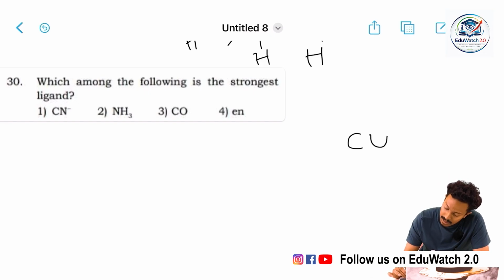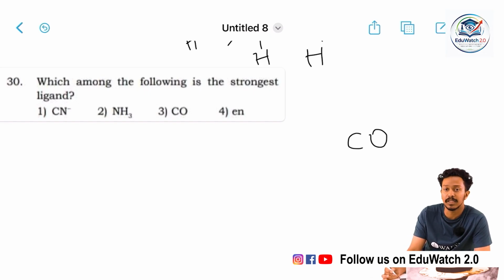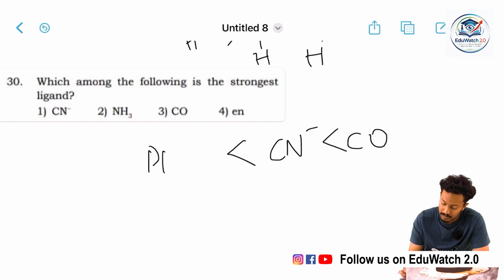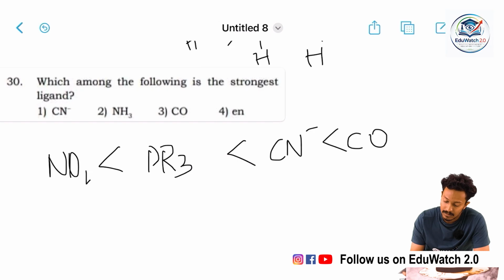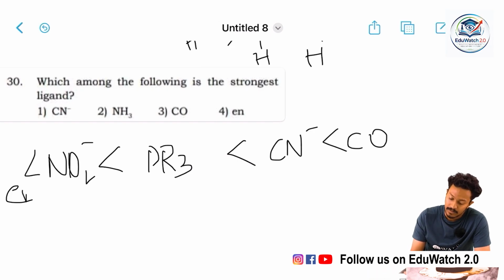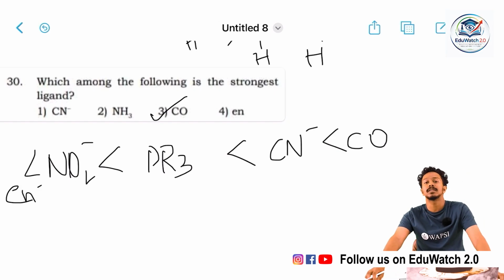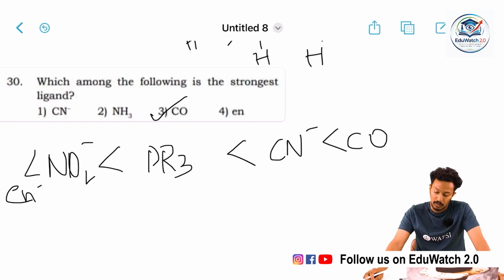Along with that, we have CN minus, the cyanide ion, and lesser than that is triphenyl phosphine or trialkyl phosphine, then nitrite, then en. So the answer to this question is carbon monoxide, the strongest ligand in the spectrochemical series.